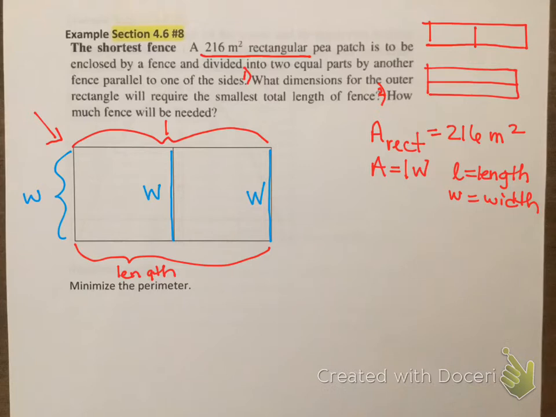I know I have fencing. I know I have a rectangle. I know the area of that rectangle. I know it's divided into 2 equal parts by a fence that's parallel to one of the other sides, as opposed to diagonal or something. So I really don't think there is anything else that the problem tells me.